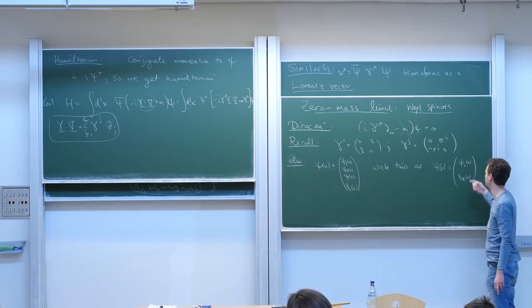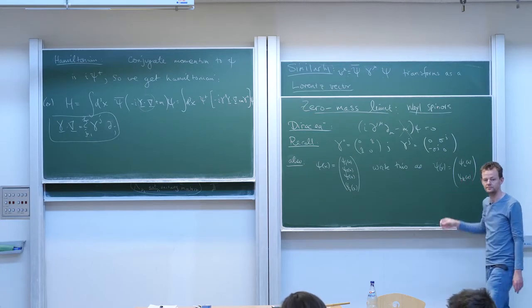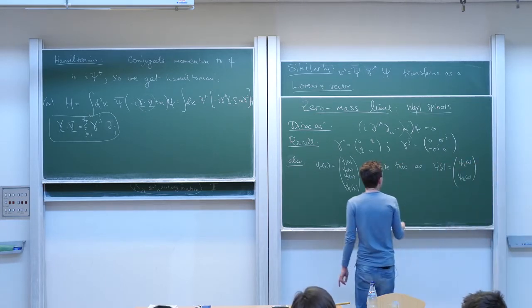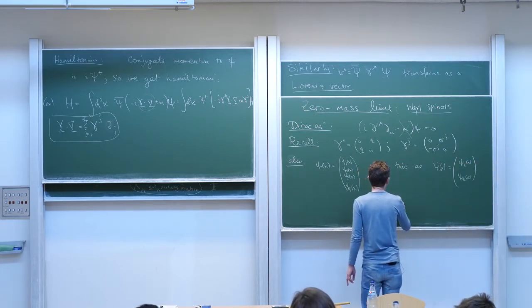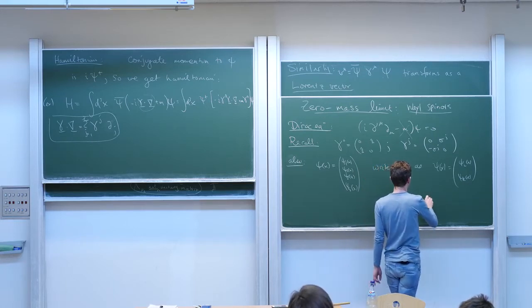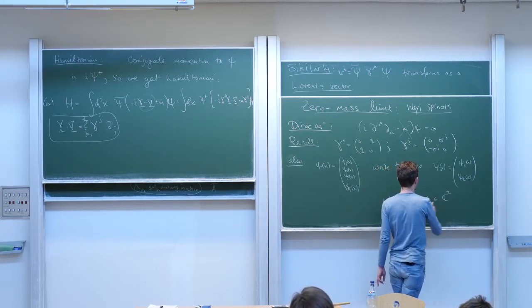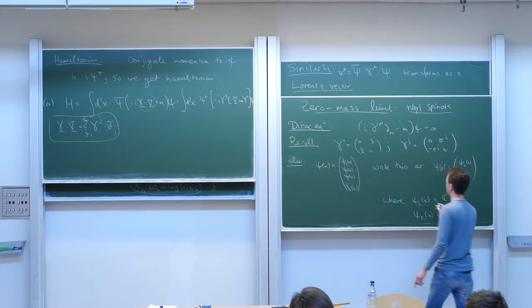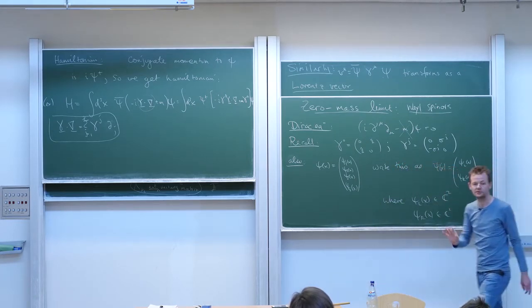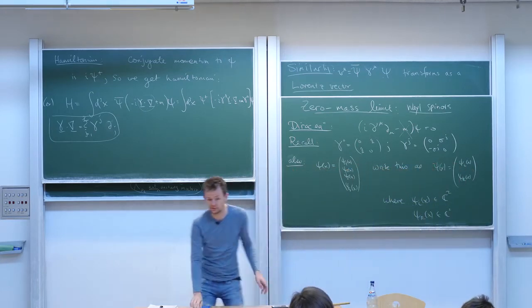Kind of think of this as the left mover, the right mover, if you like. So it's convenient to do that. And we're going to see the consequences of this in the case where the mass is 0.